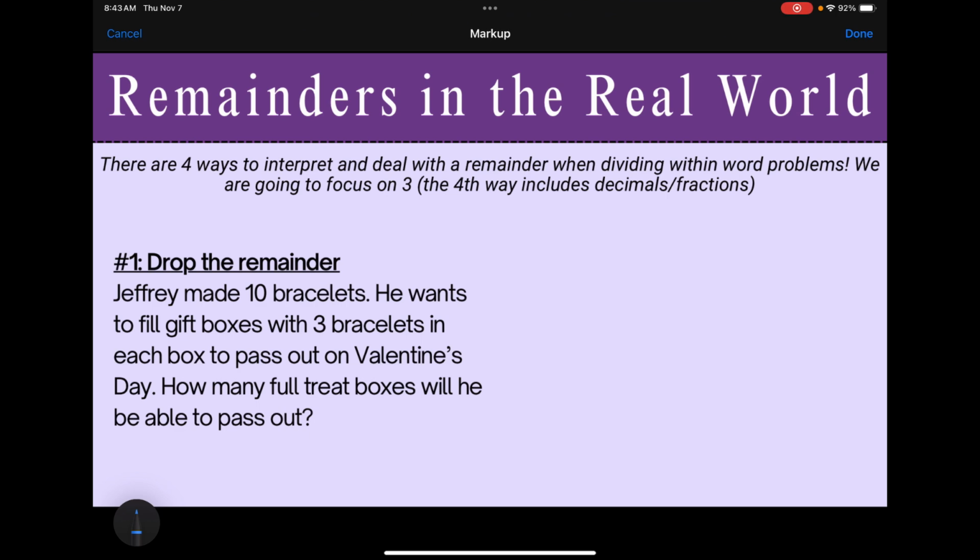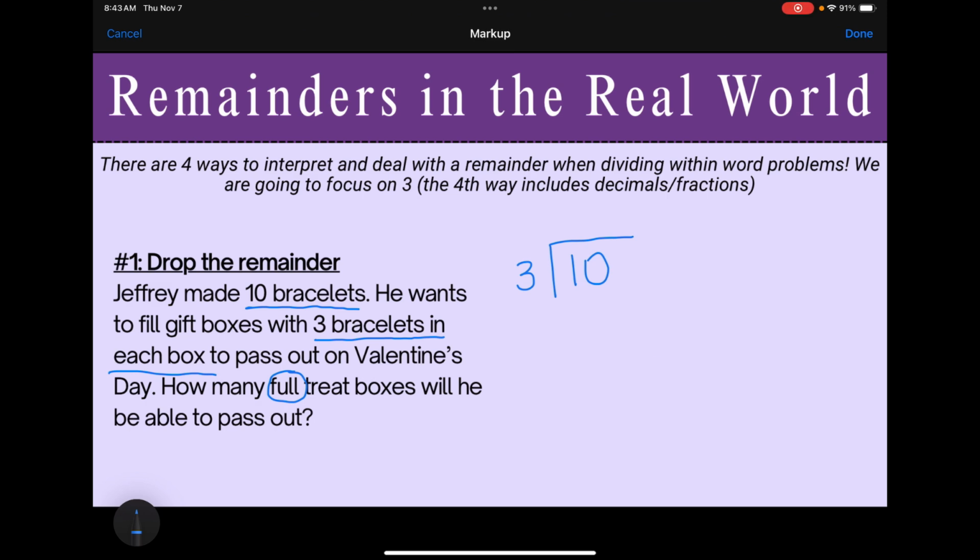So here's an example of using that way. Jeffrey made 10 bracelets. He wants to fill gift boxes with 3 bracelets in each box to pass out on Valentine's Day. How many full treat boxes will he be able to pass out? So in this problem, I'm doing 10 divided into groups of 3.